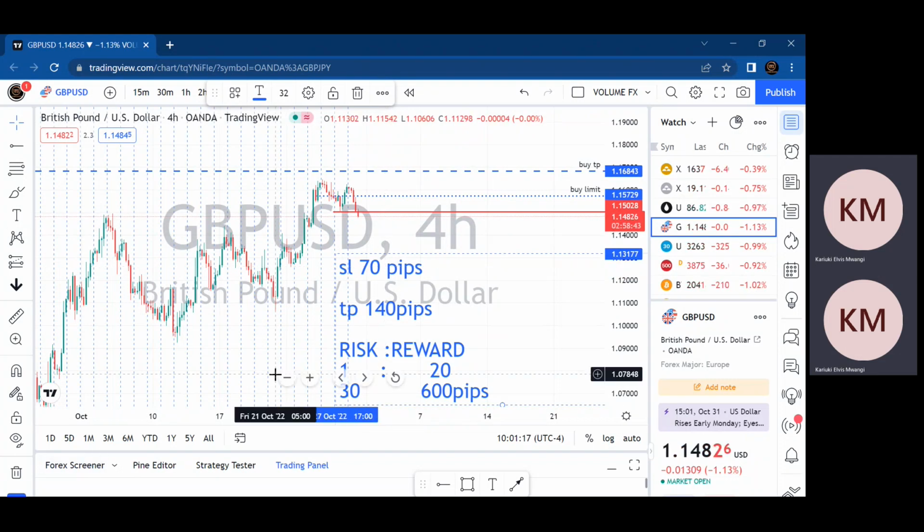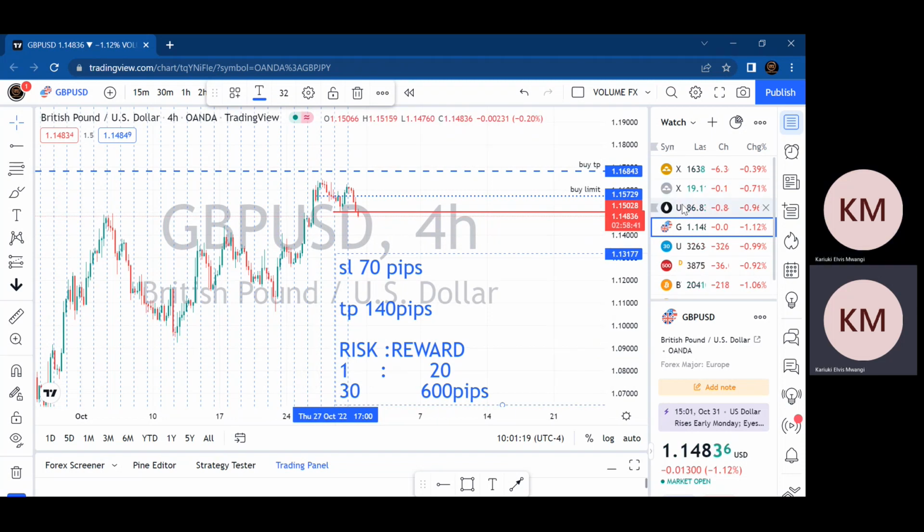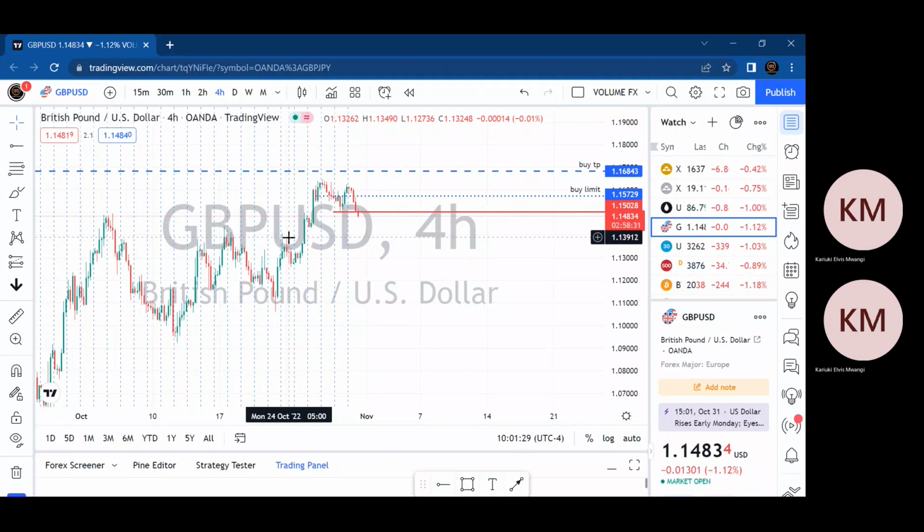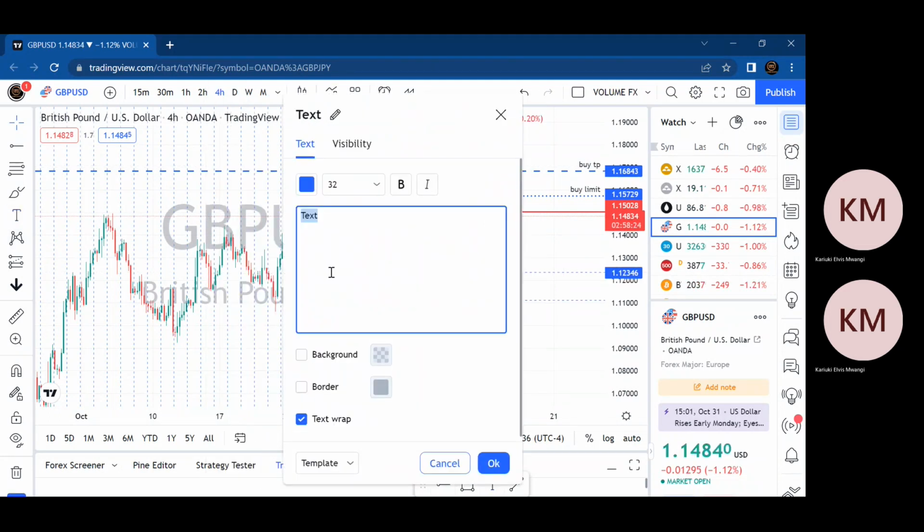So what I want you to do is just find for me 5 examples, any pair, of these risk rewards. Any price, whether it's a buy limit or sell limit, I don't mind.